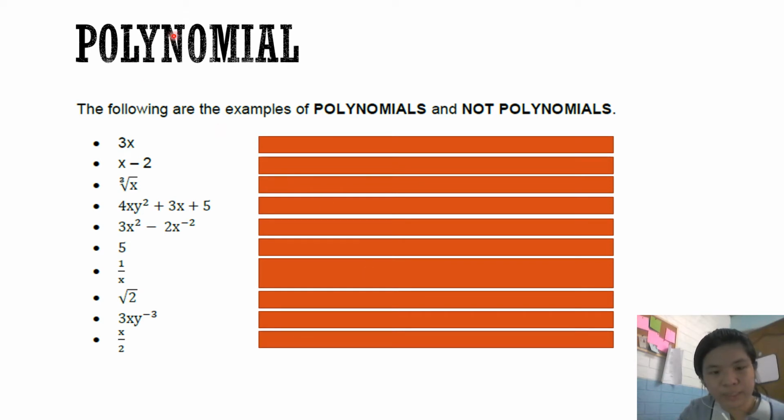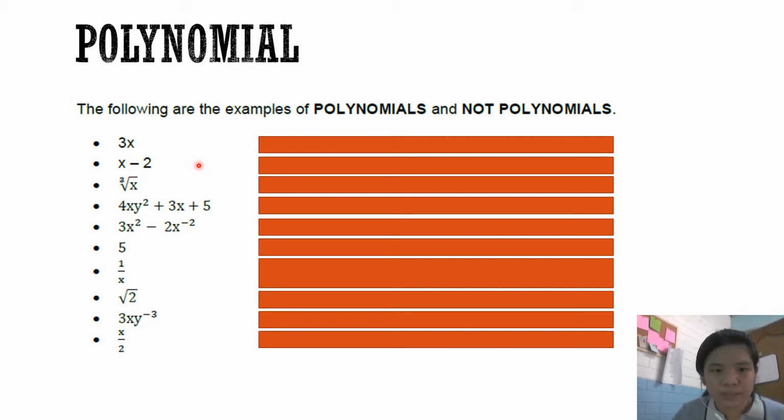So, before we proceed, let's first have an activity. Let's determine the following expressions if they are polynomial or not polynomial. So recap lang natin. It is said to be polynomial if it has either constant, variable, or variable with exponent.